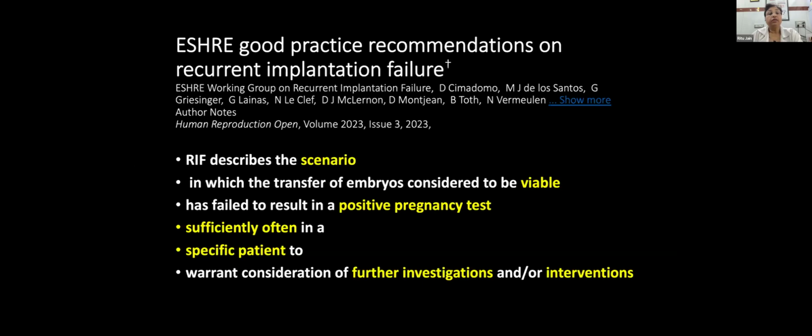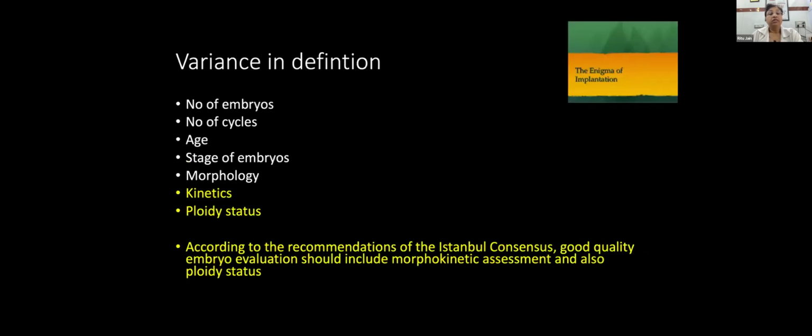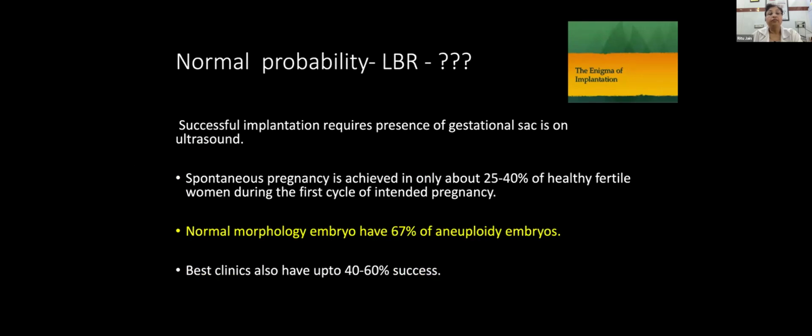Now let us go further. There is a good variance in the definition, and according to the Istanbul consensus, the ploidy status and kinetics should be known before we describe viability. Before we say that implantation failure has occurred, we should know the normal probability of implantation.